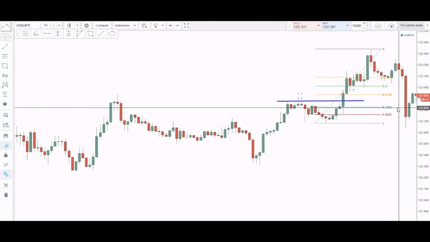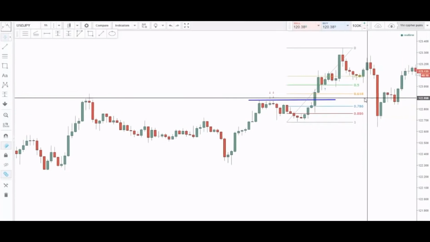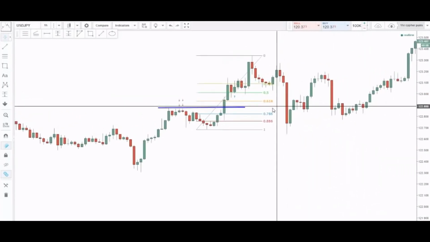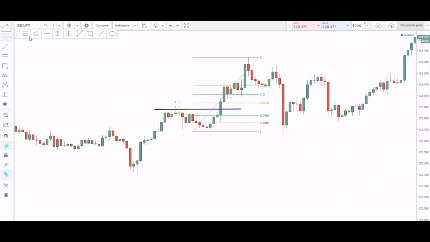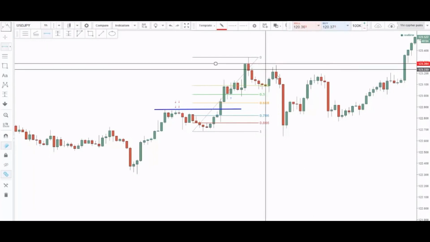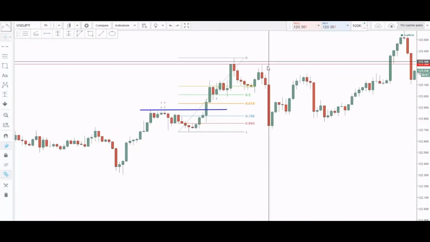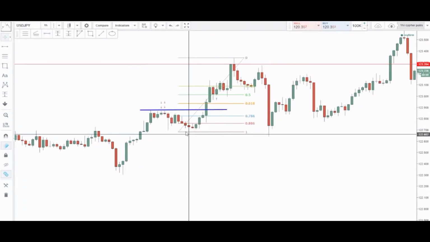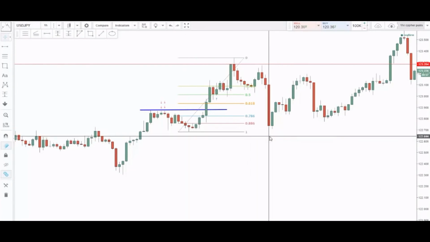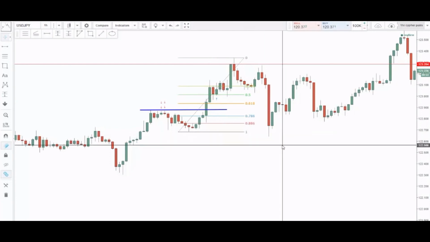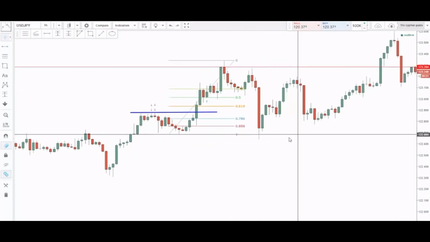And as we can see, we came down here to the 78.6, we would have been filled on this order, and we would have hit targets there, coming up to this previous resistance level, which is where our targets would have been, and our stops would have been below our most previous swing low. This would have come down and put us through a little bit of pain on this wick right here, but we would not have got stopped out on that trade.